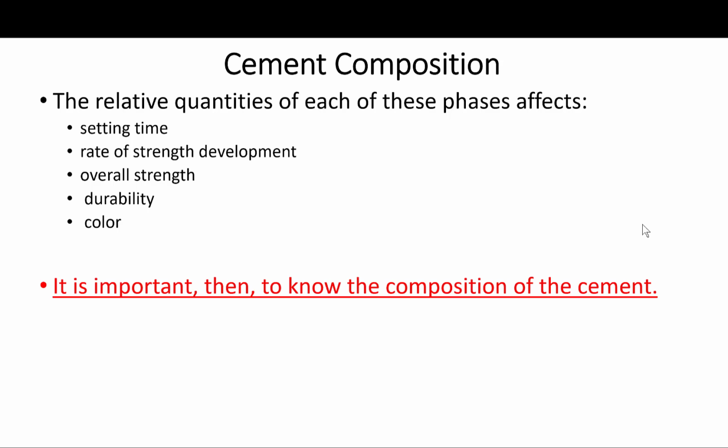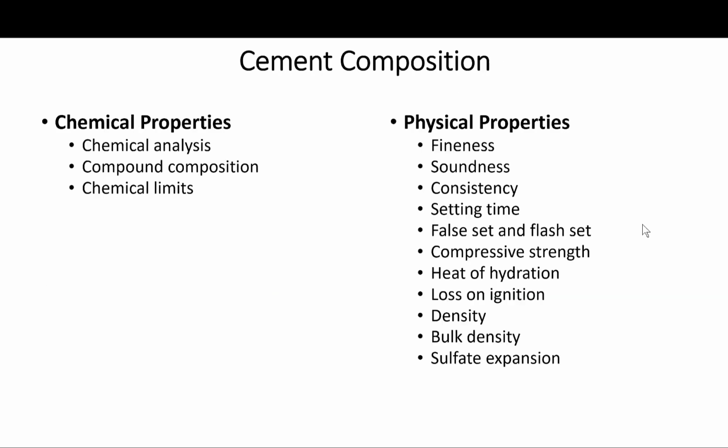So it is important then to know the chemical composition of the cement. In addition to knowing the cement composition, we have to perform several tests on the cement so that we can predict its behavior in its intended function.